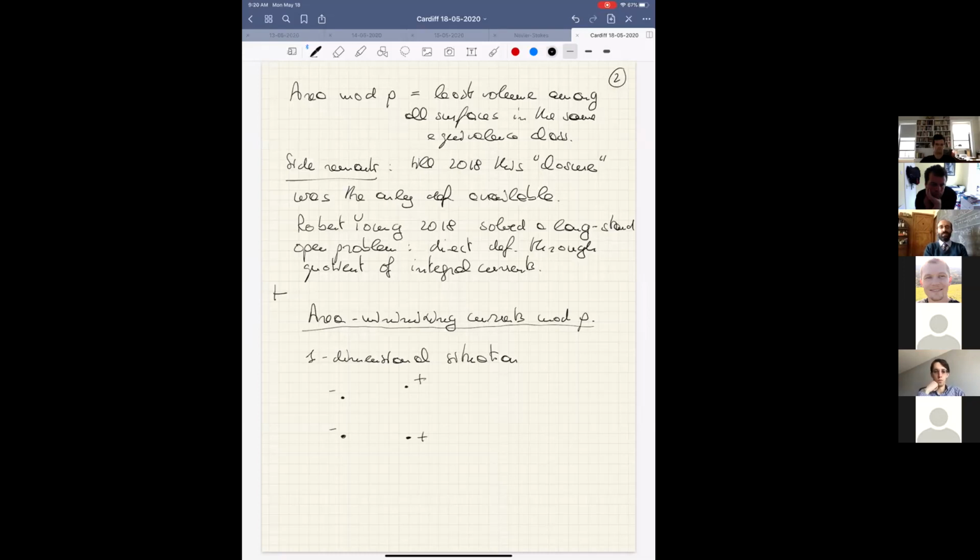And then, of course, the area minimizing integral current, without taking any modulus, is going to be the two straight lines. But it's actually going to be the two straight lines even if I take an integral modulus. So that's the minimizer.